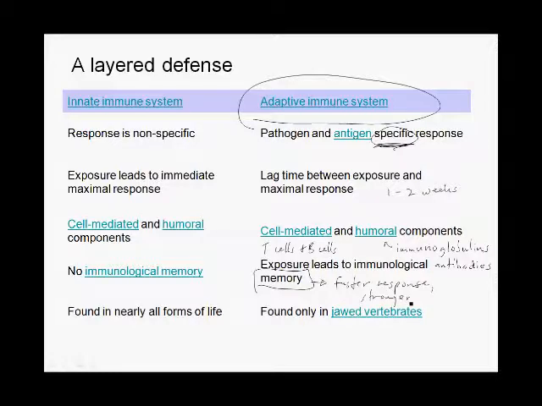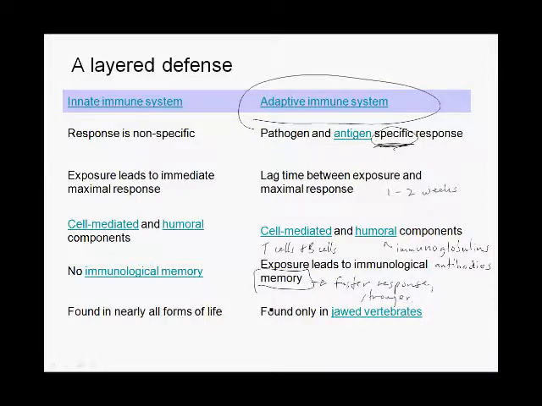And it's immunological memory that allows us to vaccinate. So vaccines work on the principle of immunological memory, that the body, having seen a vaccine, will be able to defend itself very quickly and very strongly against any other organism that resembles that vaccine.